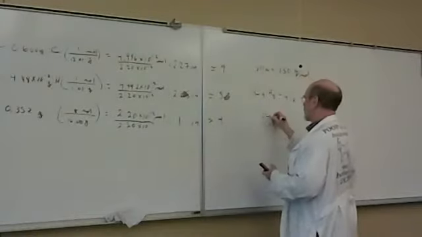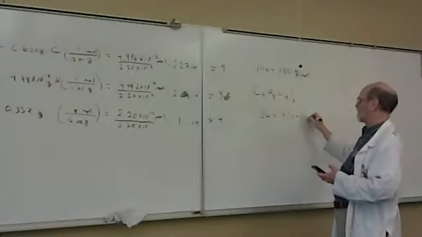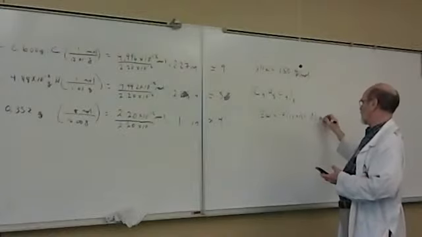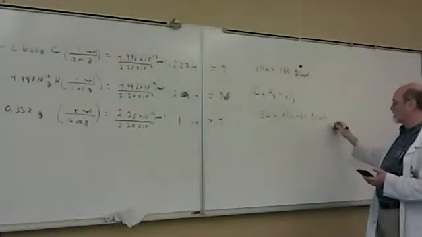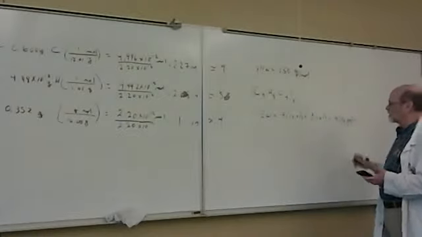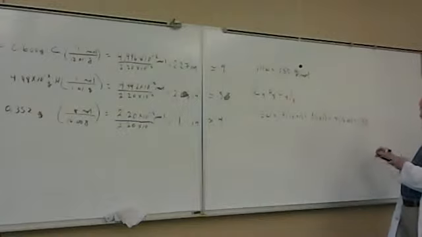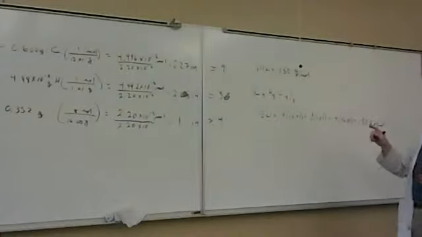So the empirical weight is equal to 9 times 12.01 for carbon plus 8 times 1.01 for hydrogen plus 4 times 16 for oxygen. And that's 9, and then 64 is 180.2 grams per mole.